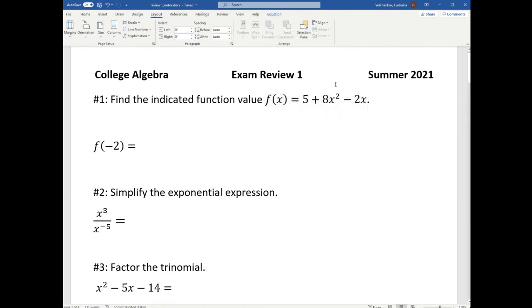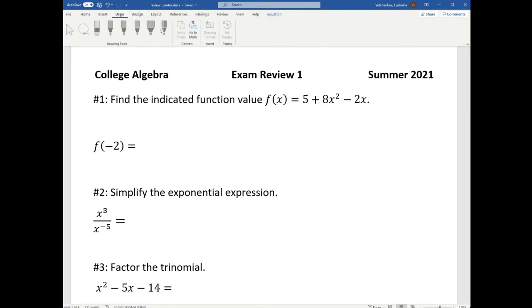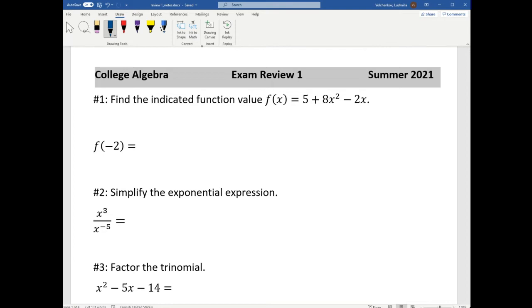So at every occurrence of x in this formula, here and here, we substitute -2. 5 plus 8 times -2 squared minus 2 times -2.